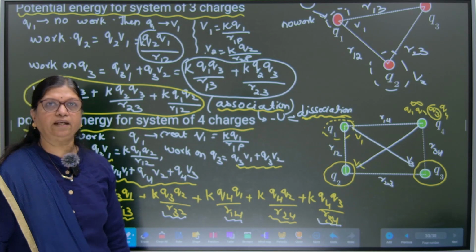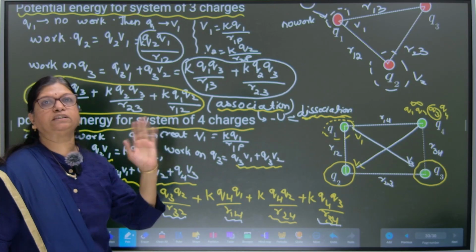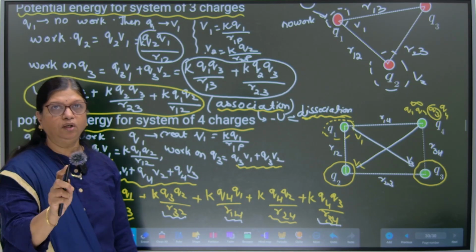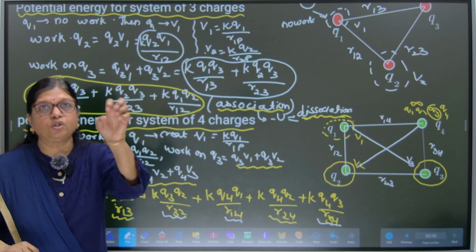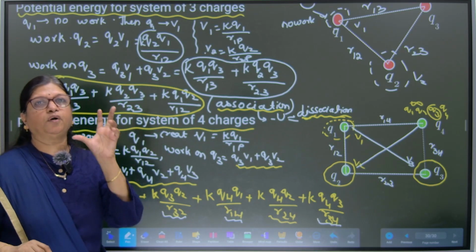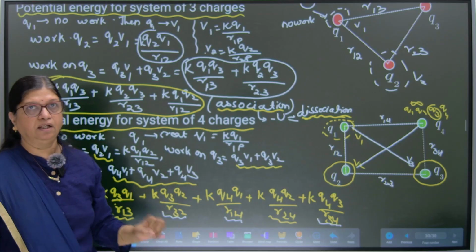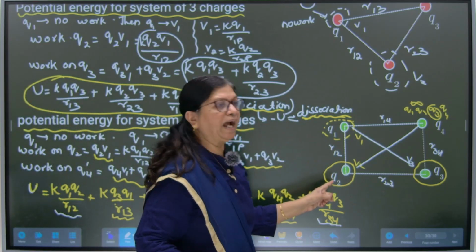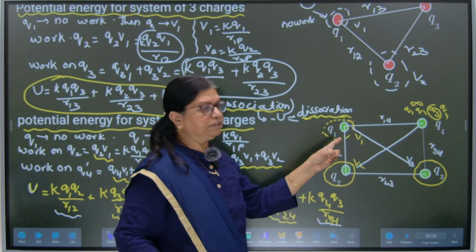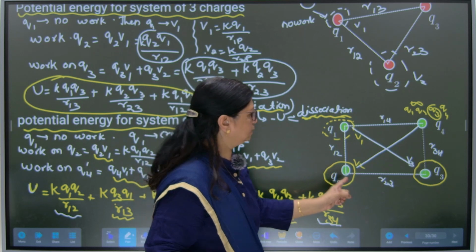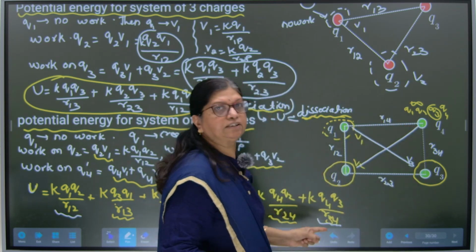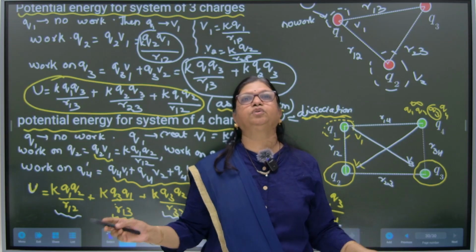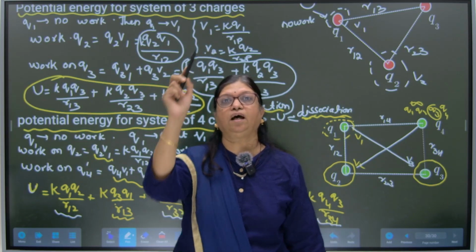Understood? Agreed? So the potential energy for associating a system of 4 charges together is the addition of potential energy between these 2 charges, these 2, these 2, these 2, and then these 2. Diagonals also. That's why you have 6 terms.